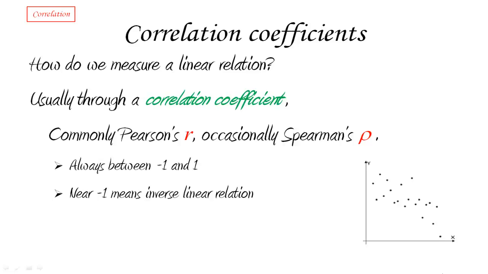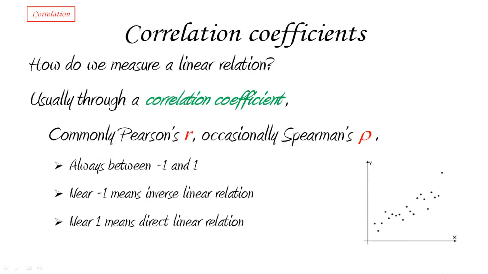That means as the x variable goes up, the y variable goes down, and that's demonstrated through this downward pattern of these dots. On the other hand, a correlation coefficient near +1 means that there is a direct linear relation.